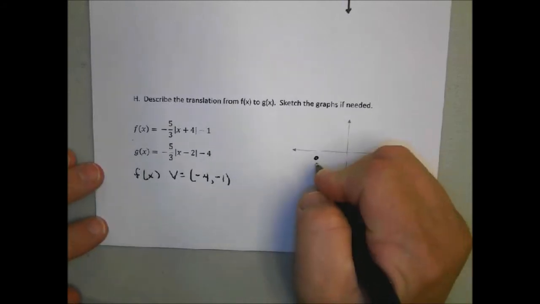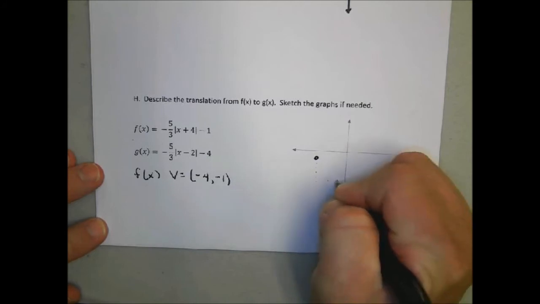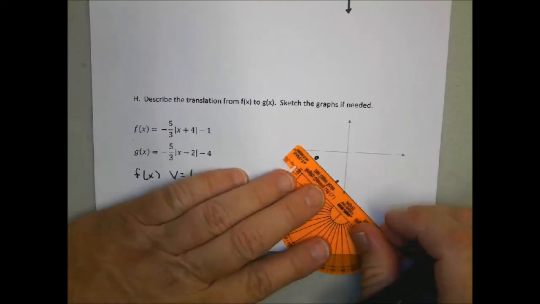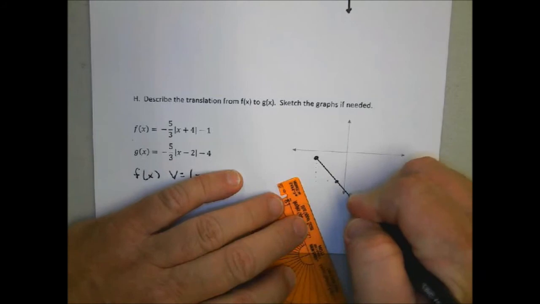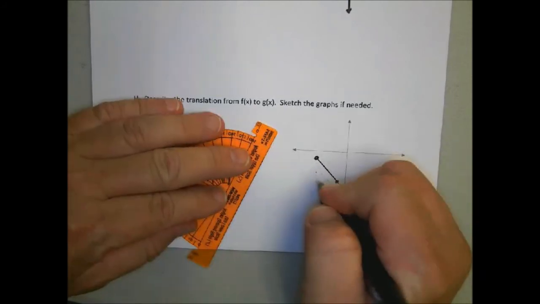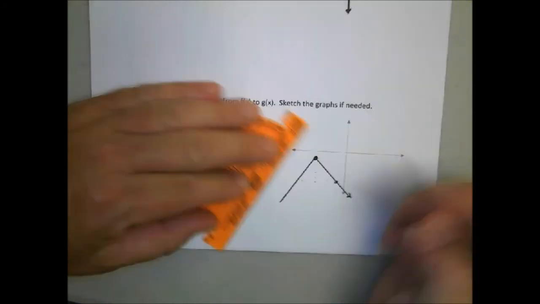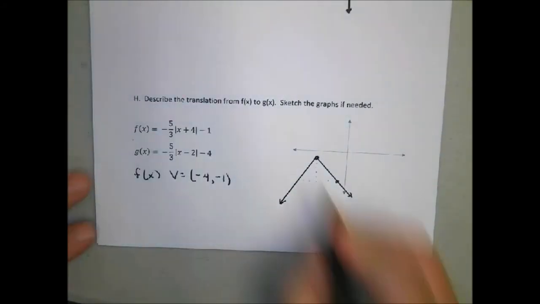So we could go 1, 2, 3, 4, 5 over 3. Put us about right there. And so our f of x graph, down 5 over 3. There's our f of x graph.